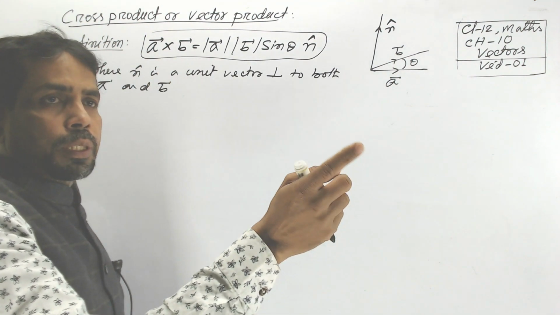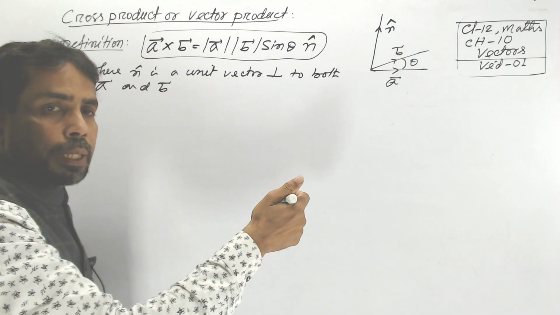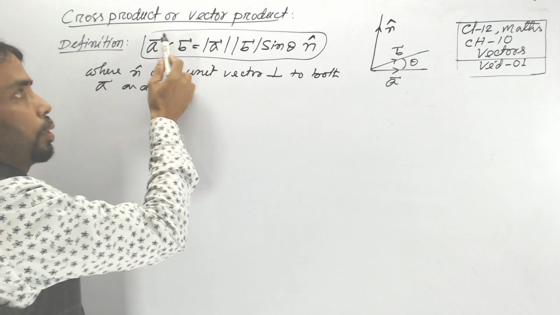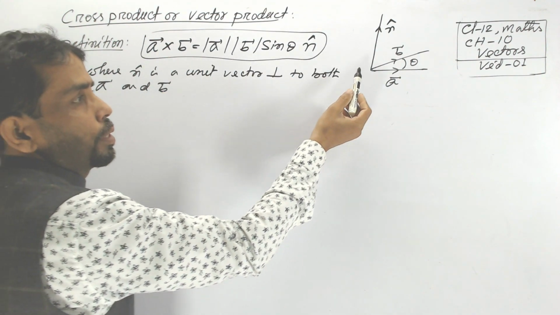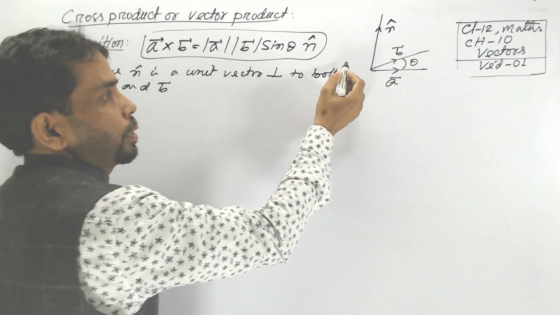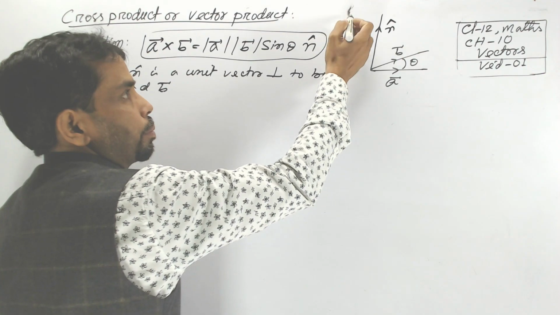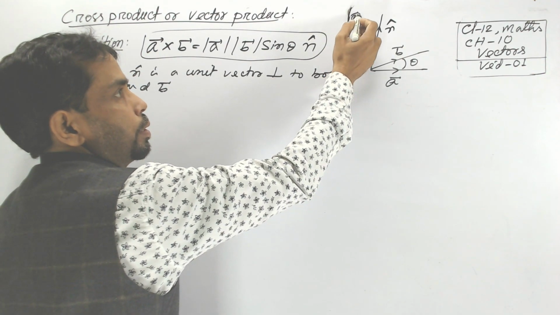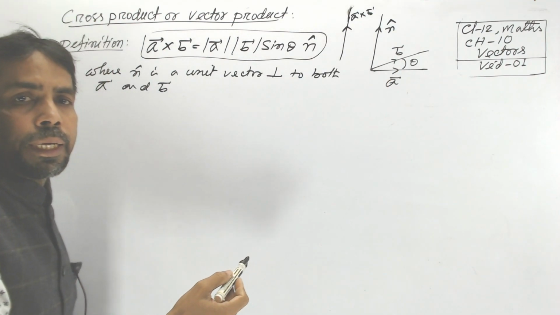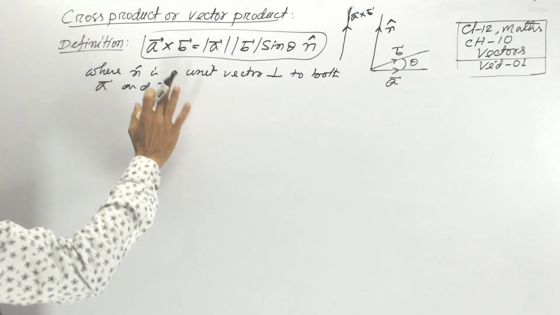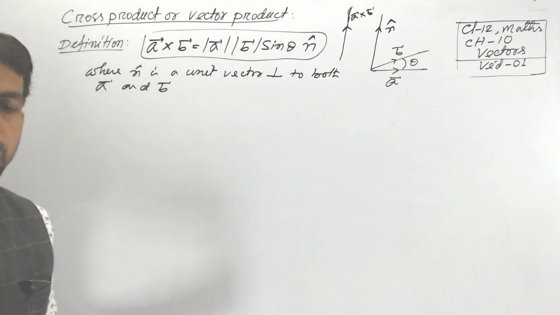When you find dot product, you will get a number, it is a scalar. And when you find cross product, answer will be a vector. So A cross B vector, its direction is given by n cap. That means the whole vector A cross B will be parallel to n cap, in the direction of n cap. So this is the definition of cross product of two vectors.